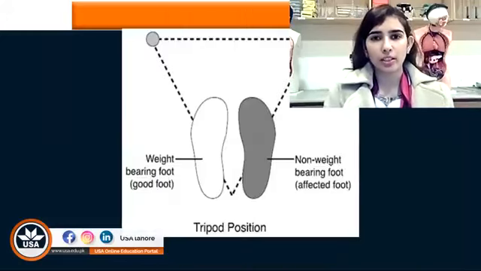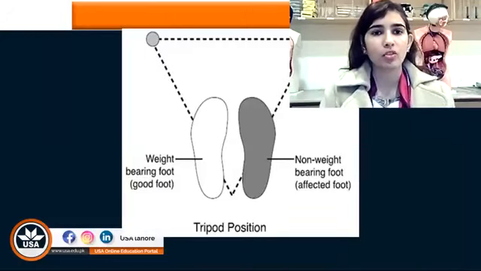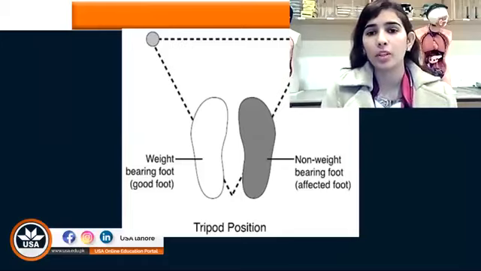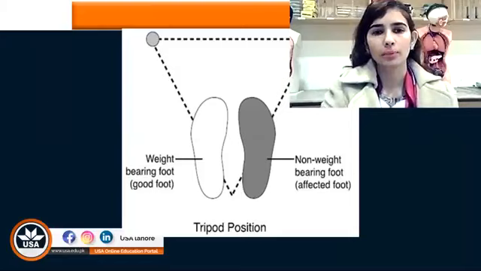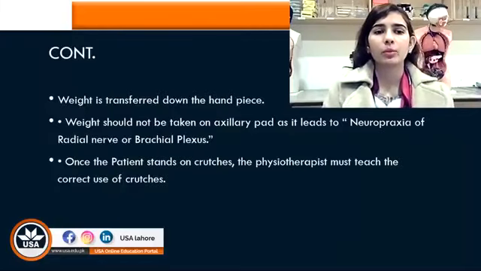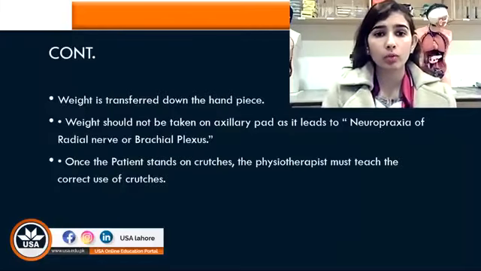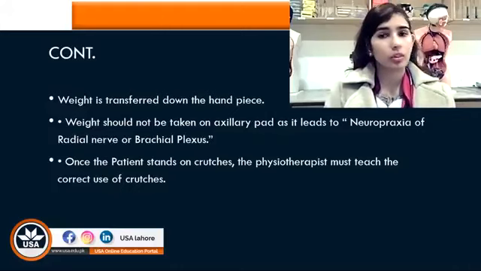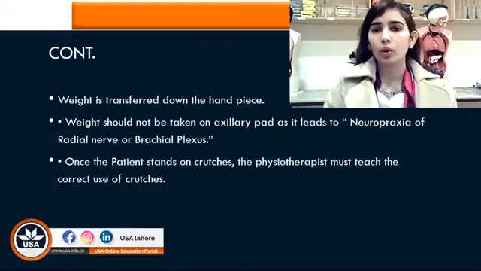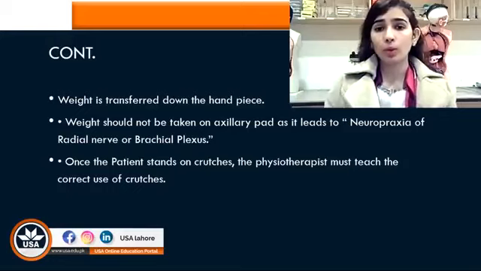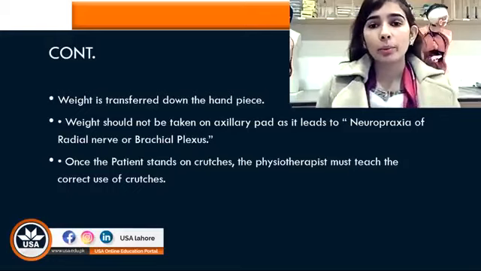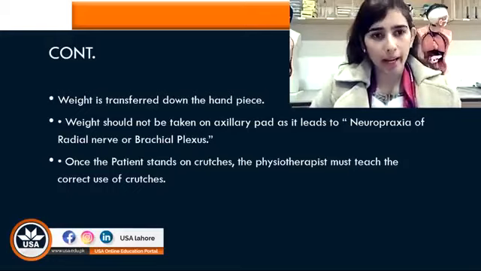So the crutches and the foot would be making this triangular tripod structure, or the tripod position, when the patient is about to walk. Continuing with that, the weight is transferred down the hand piece. So how is the weight being transferred? Not from the axilla or the support to the axilla. It is actually being transferred with the help of our hand.